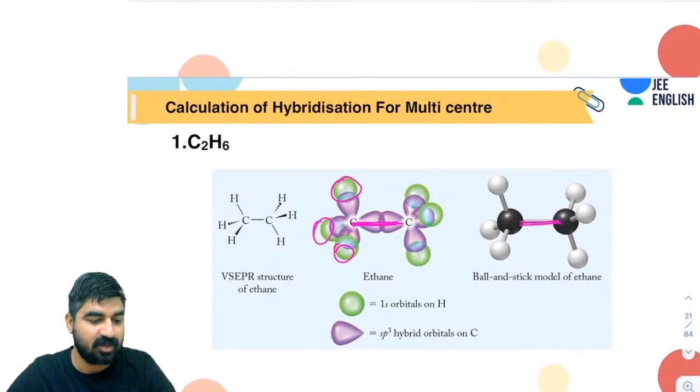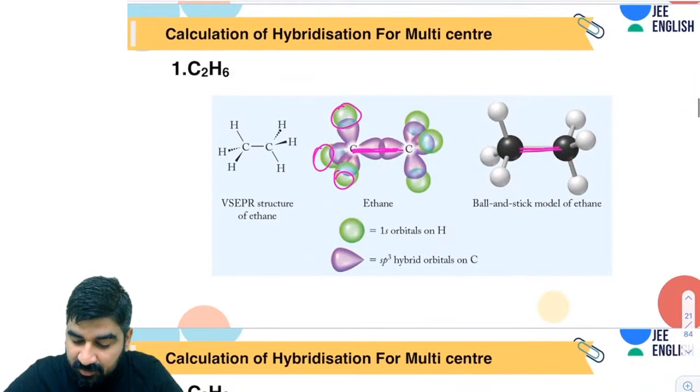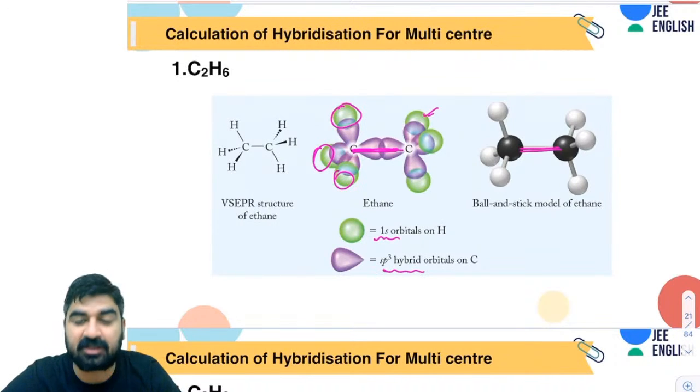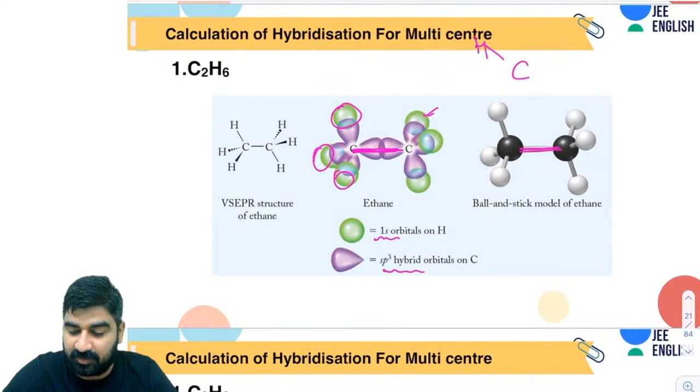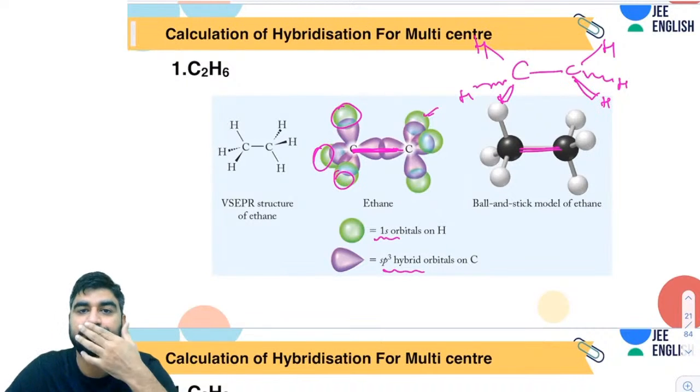Got it? So this is C2H6. Here you can see the structure. This green color is for hydrogen and this purple color is for sp3 hybrid orbitals. So this is how 3 hydrogens will be there, one below, one above. Got it?